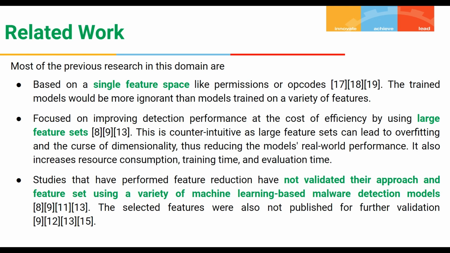This is counterintuitive, as large feature sets can lead to overfitting and the curse of dimensionality, reducing the model's real-world performance. It also increases resource consumption, training time, and evaluation time. Studies that have performed feature reduction have not validated their approach and feature set using a variety of machine learning-based malware detection models. The selected features were also not published for further validation.